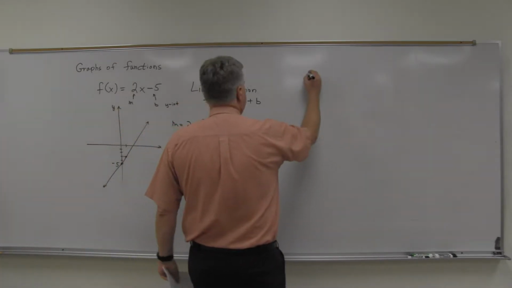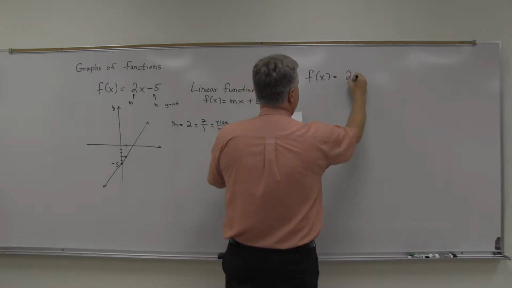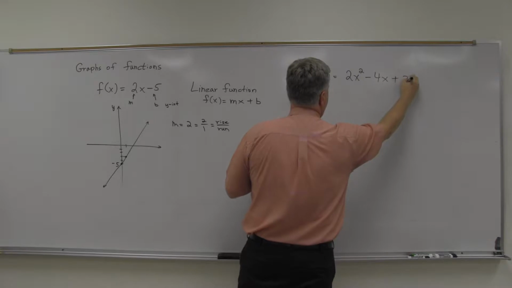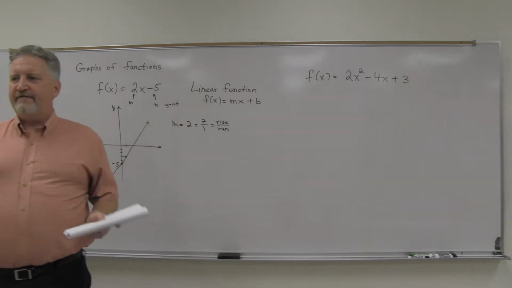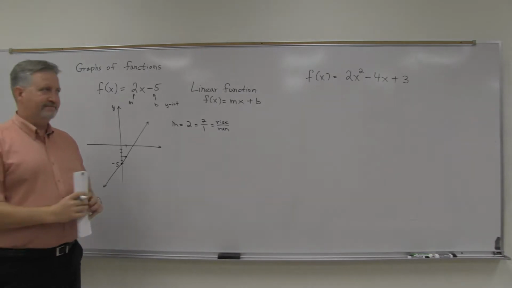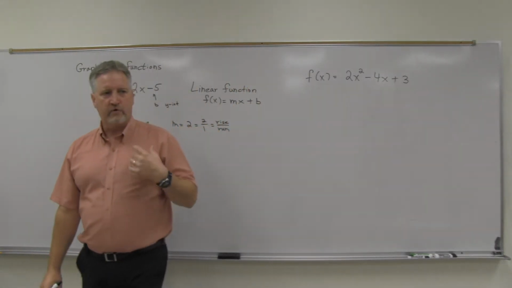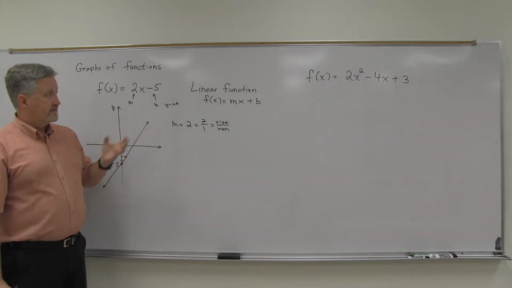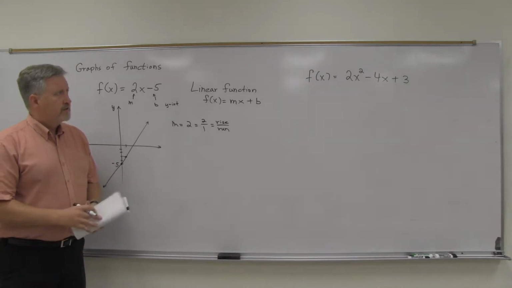Well, what about f of x equals 2x squared minus 4x plus 3? That one's obviously not a line, because it's got the x squared in it. Maybe you know a little more about it, and we'll talk a lot more about these graphs in the future.